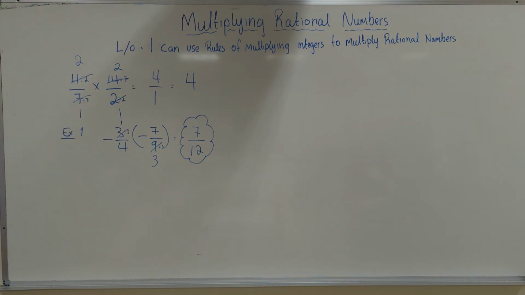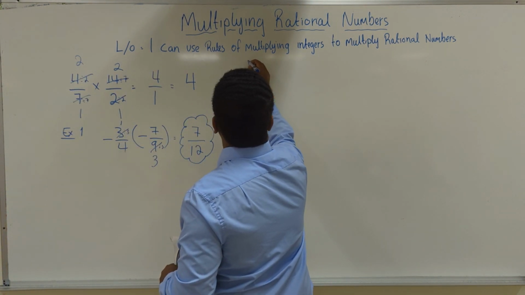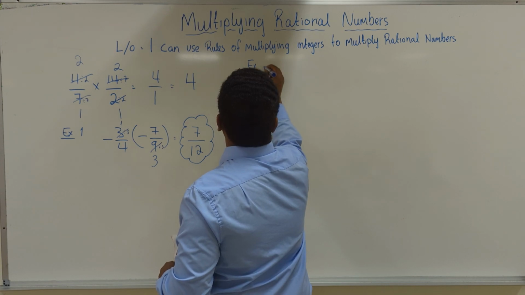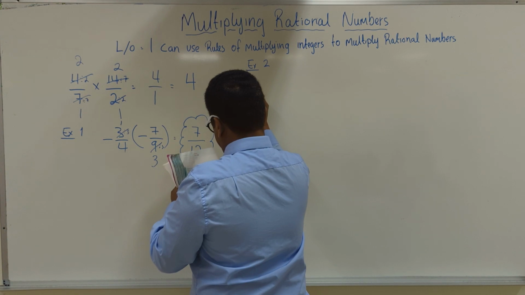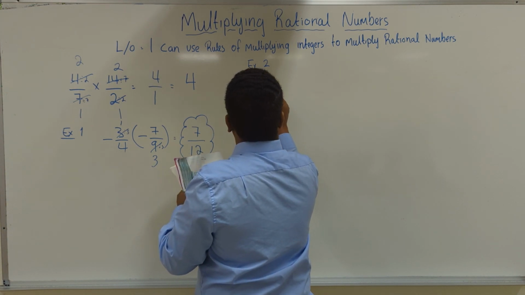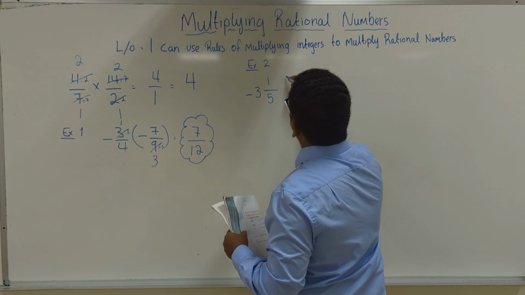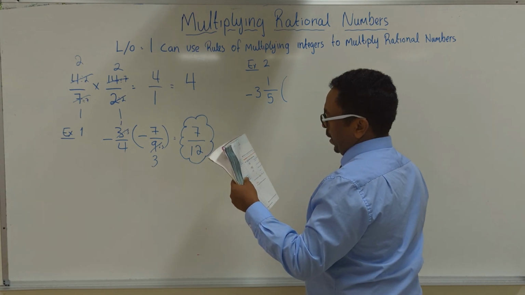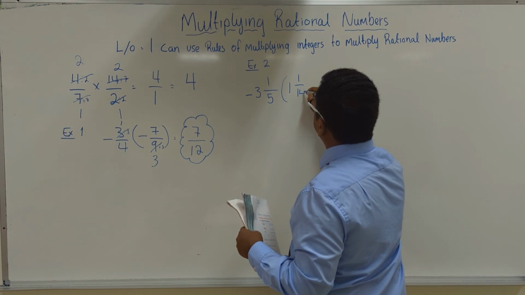So question 2. This is example 2. The question we have here is negative 315, and then we have a bracket, and again we have 1 and 1, 14.